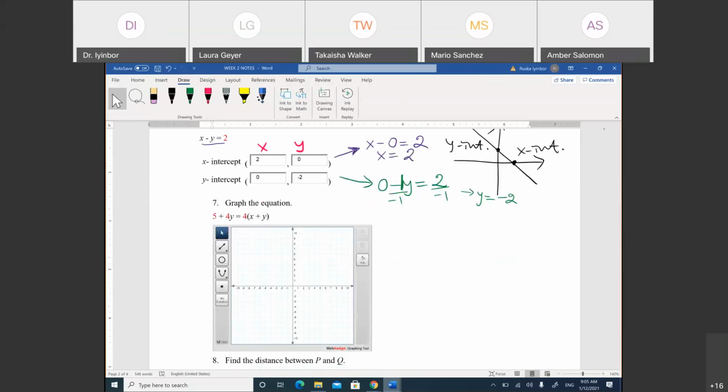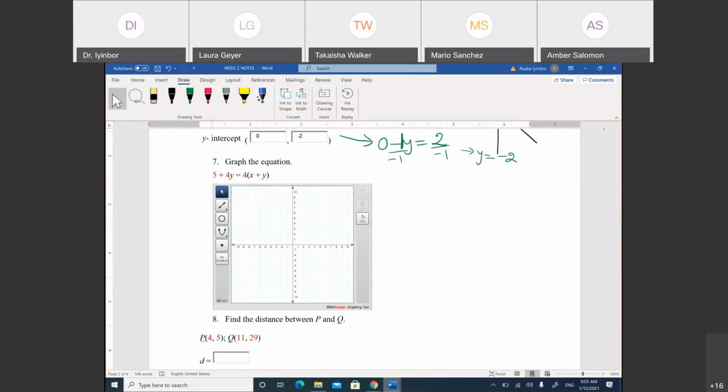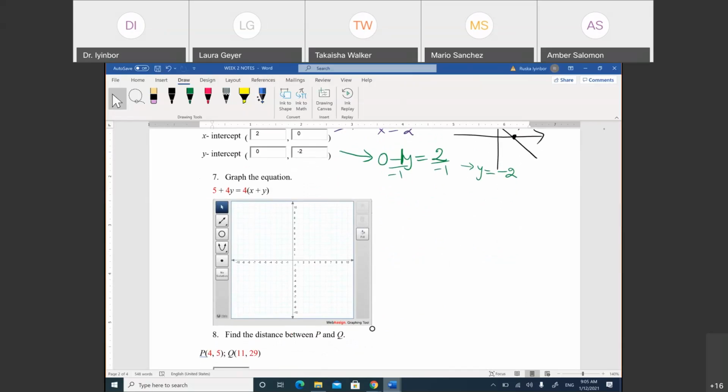We're going to go to the next one. We're going to grab this and then we're going to take a little break. So, number 7, we're going to graph it. Before I graph it, I have to do the parentheses to simplify to see what equation I have and how I'm going to graph it. So, I have 5 plus 4y equals 4 parentheses x plus y.